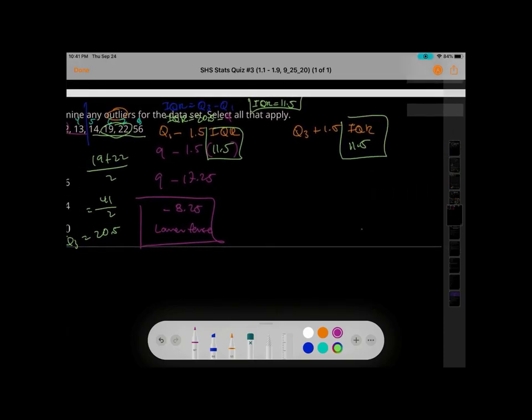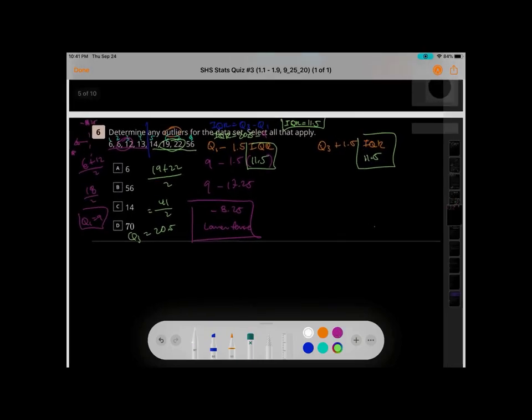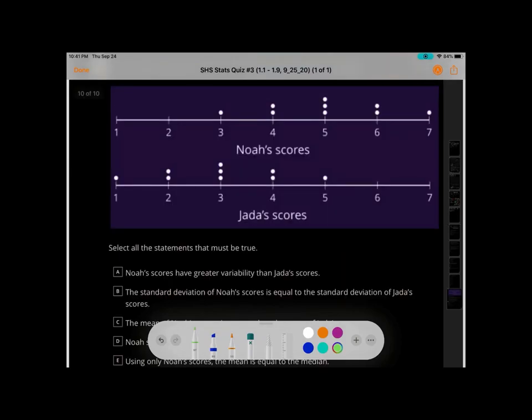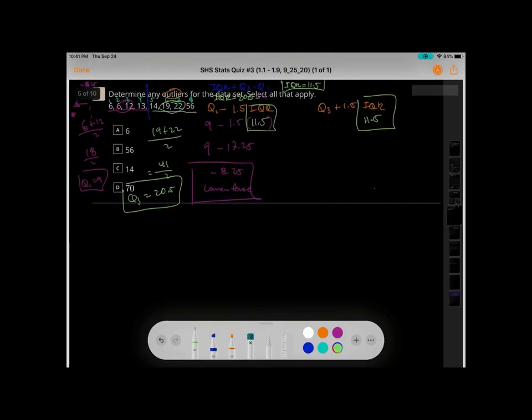All right, let's try this one. Q3, down here, 20.5. 20.5 plus 1.5 times the IQR. And I'm just using this number, essentially the same, 17.25.